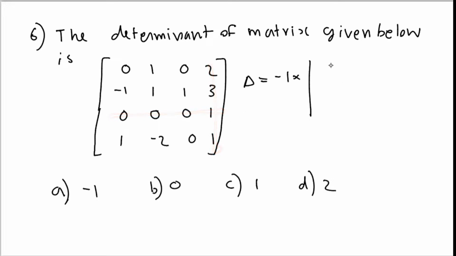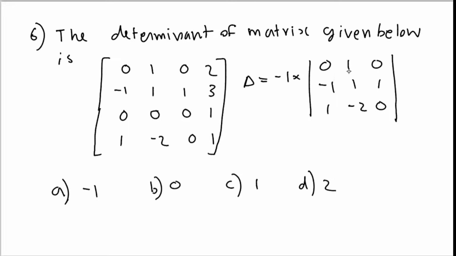So we get 0, 1, 0, minus 1, 1, 1, 1, minus 2, 0.